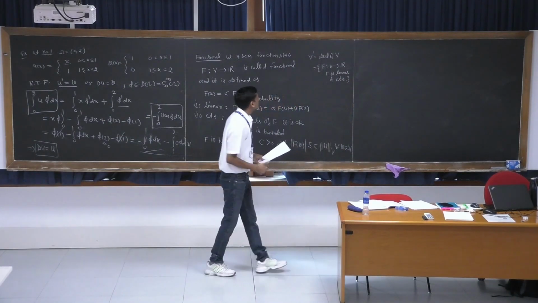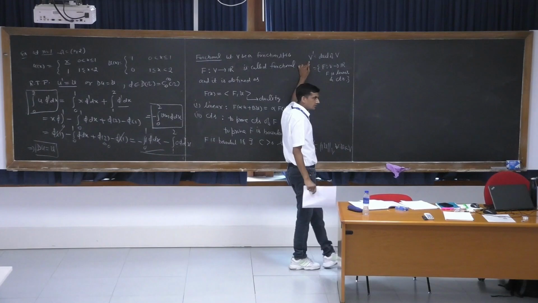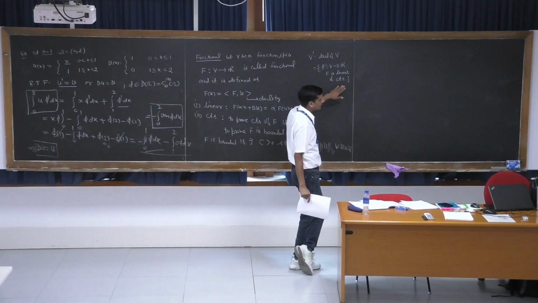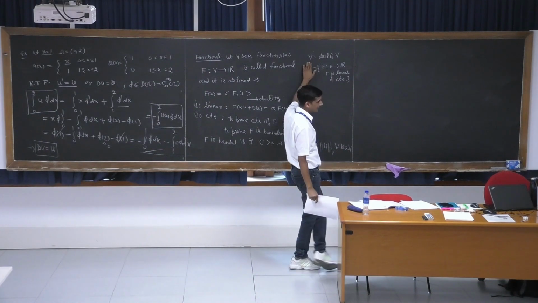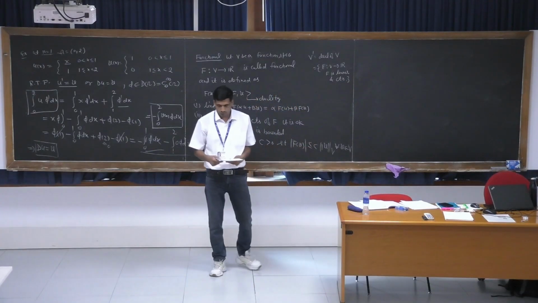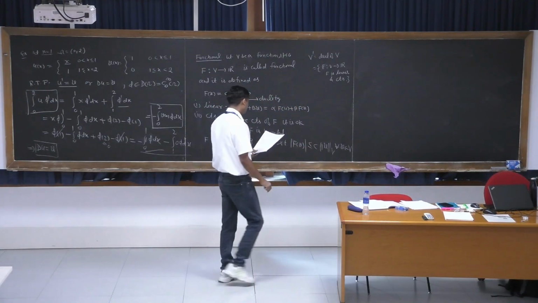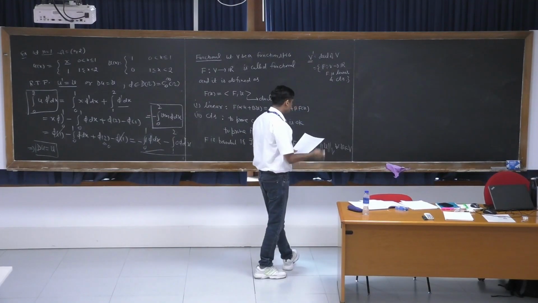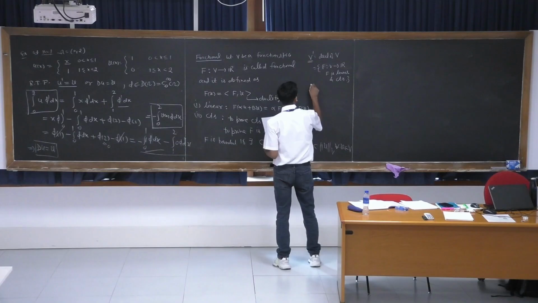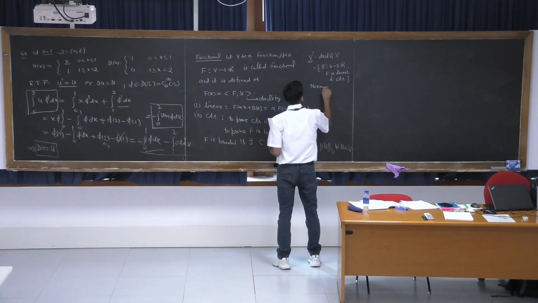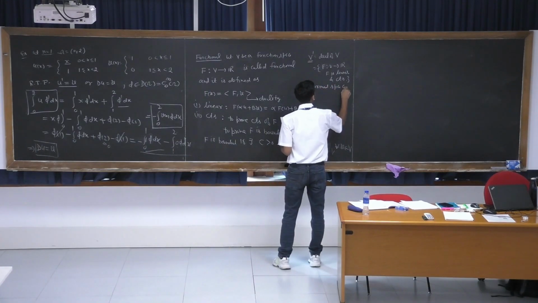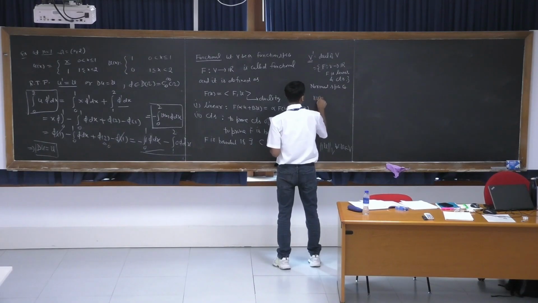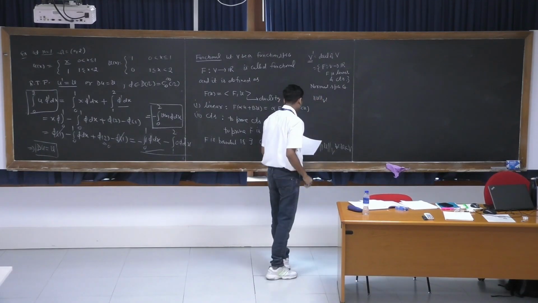Means V dash contains those functionals which are linear and continuous. So that space is denoted by the dual of capital V, and it is denoted by V dash, and this becomes a normed space with a norm.